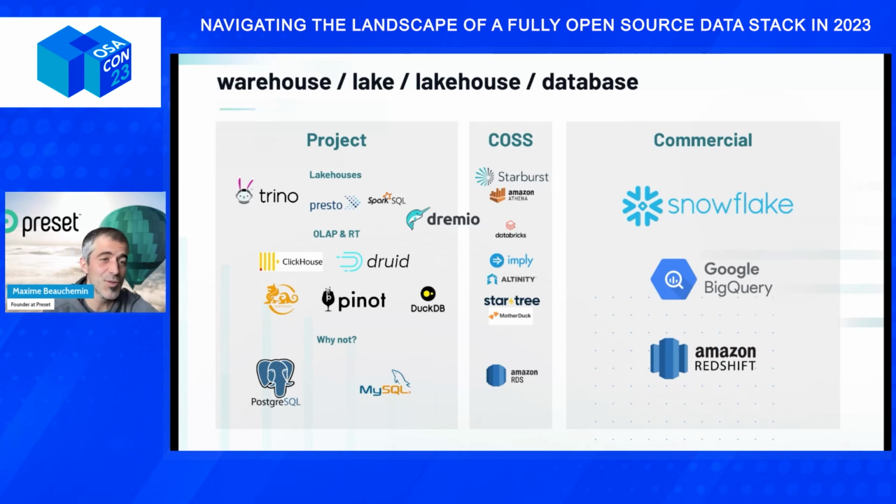On the open source side of the house, there's a lot of solutions. There's also a lot of commercial open source vendors. So a lot of options here, maybe leading the pack in terms of adoption and how much they solve the space is Trino, Presto, Spark SQL, Dremio as your lakehouse query engine.